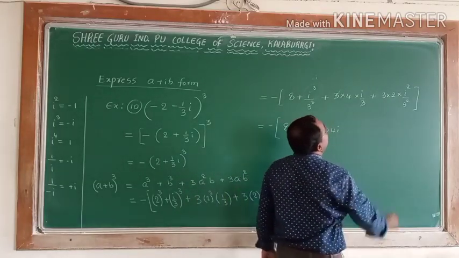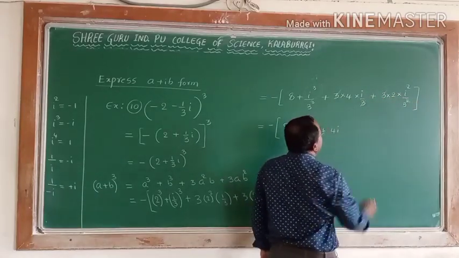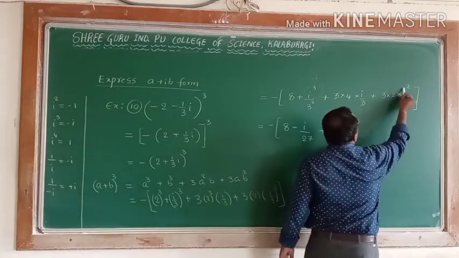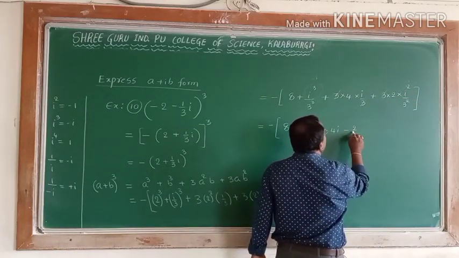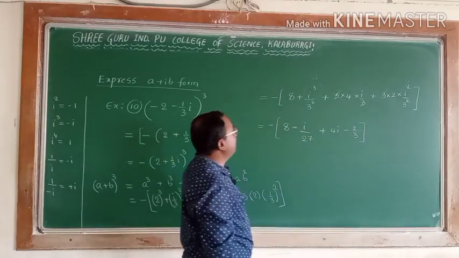Next, one term of 3 gets cancelled. i square value is what? Minus 1, minus 2 by 3. i square value is minus 1, so minus 2 by 3.